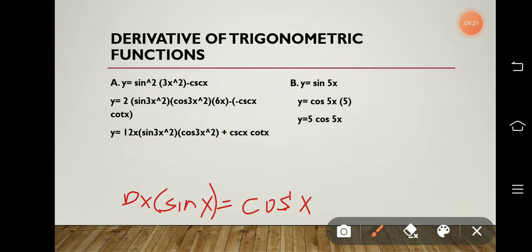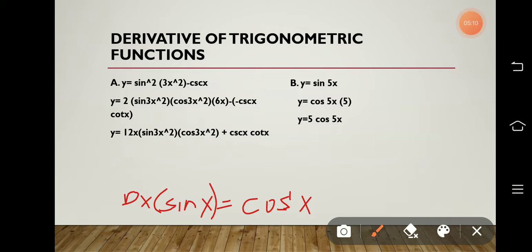Since the sine is raised to the square, we use the general power formula, d over dx u raised to n equals n u raised to n minus 1 du/dx. So y prime equals 2 times the quantity sine of 3x squared multiplied by cosine of 3x squared, then the quantity 6x minus negative cosecant x cotangent x, which is the derivative of negative cosecant x.